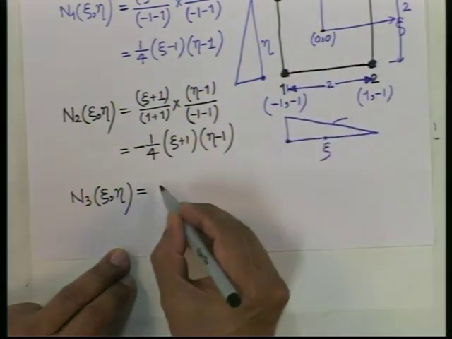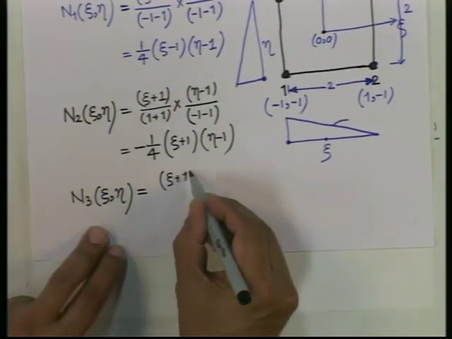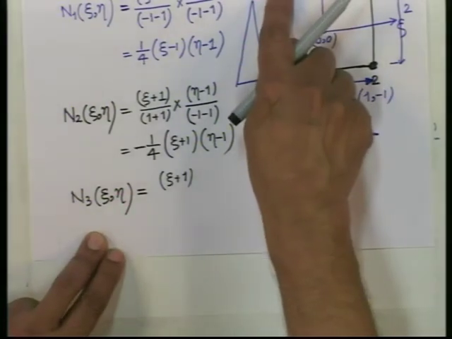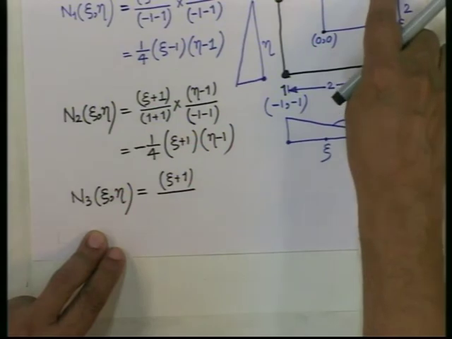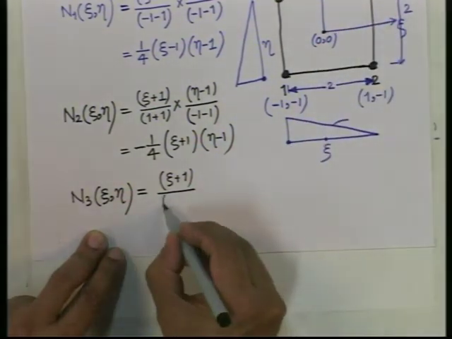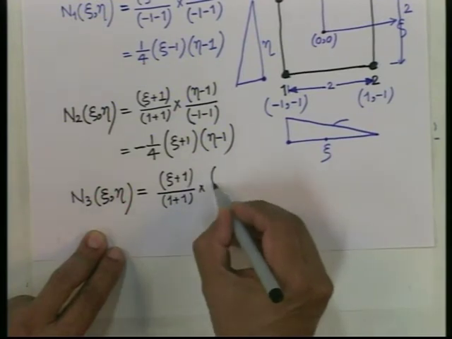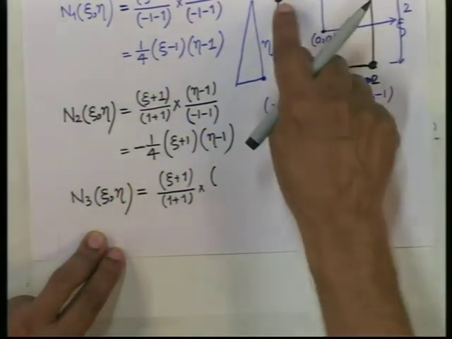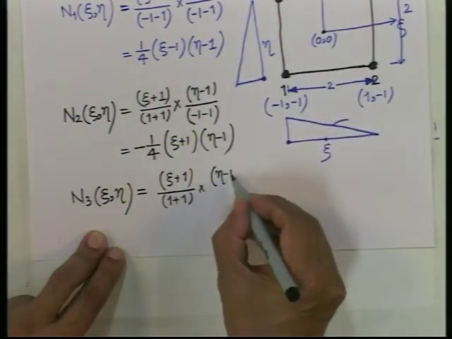So, psi plus 1, yes, very good, because it is minus 1 here. So, minus 1 plus 1 divided by, what is the value of psi here? It is unity. So, 1 plus 1, correct, multiplied by eta. What is the eta over here? It is unity. So, eta minus 1.